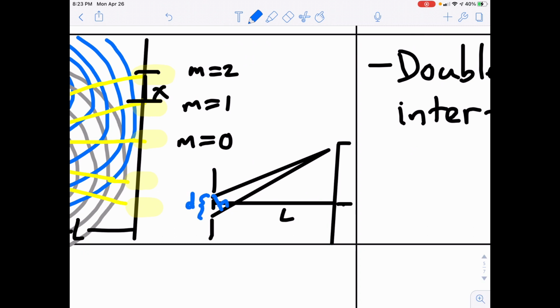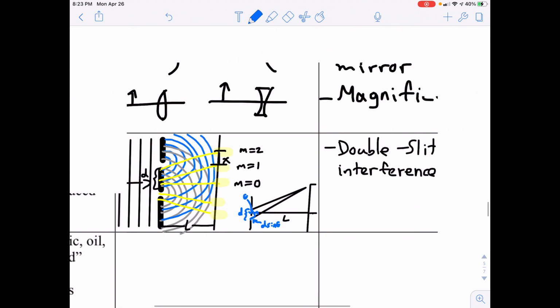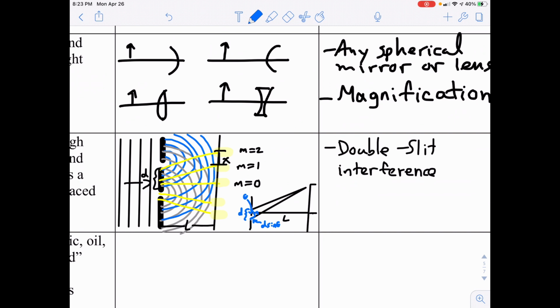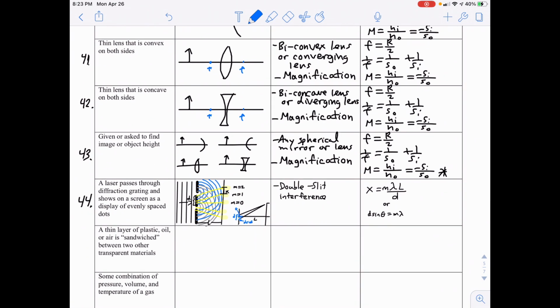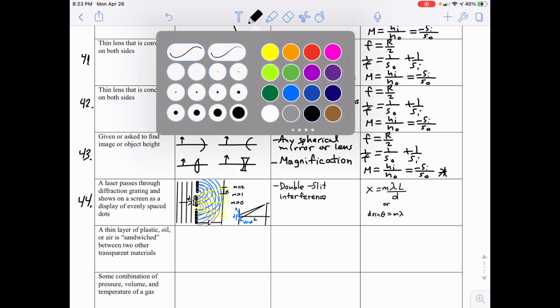This is D. Right there is theta, which makes that little sliver that I'm coloring in blue right there, that is our D sine theta. And it's literally equal to a certain multiple of wavelength. To the first bright fringe, it's one wavelength of difference between this pathway and this pathway. To the second bright fringe, it's two wavelengths of difference. So a certain integer multiple of wavelengths differentiates the paths and creates this little tiny difference called D sine theta. This again is known as double slit interference.